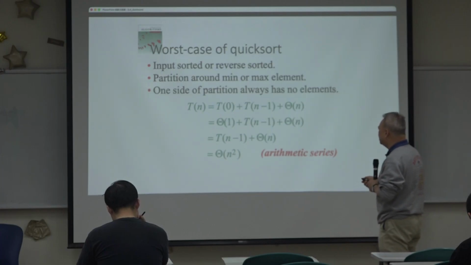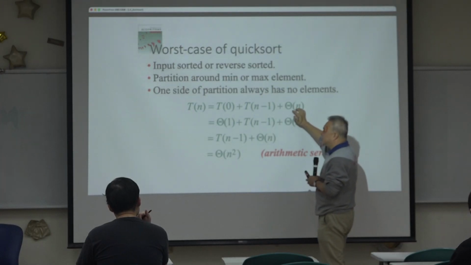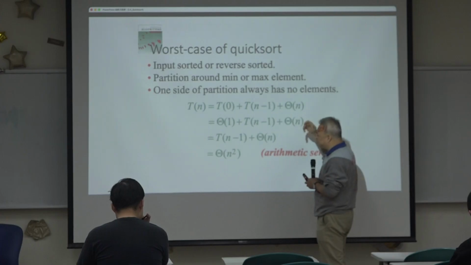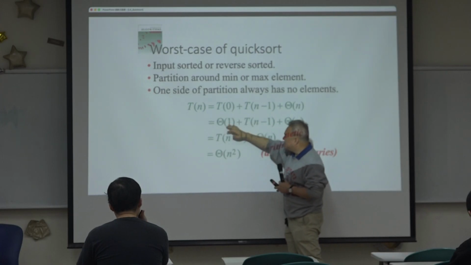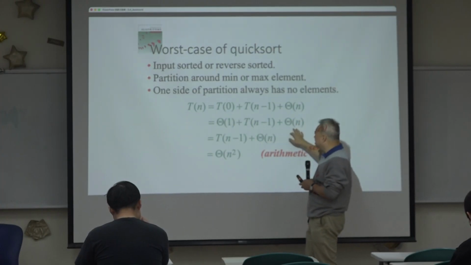T of n equals T of 0 plus T of n minus 1 plus, this is the cost for partition. Okay, and then, assuming this is theta 1, okay, constant time, and then we have this.